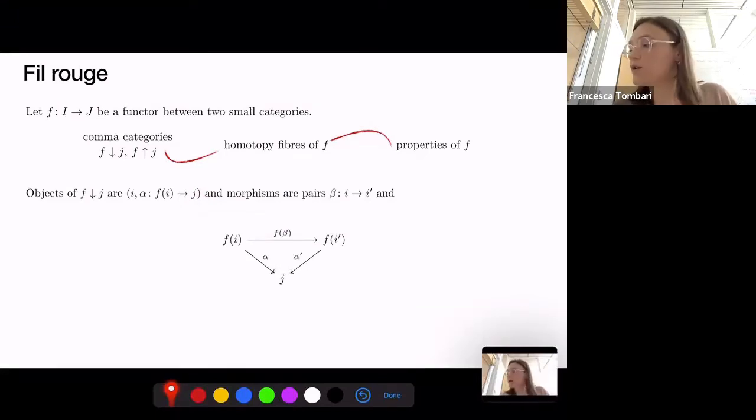Morphisms here are going to respect these pairs, so they are going to be a morphism between the first entries, so between objects in I, and commutative triangles that respect this second entry.